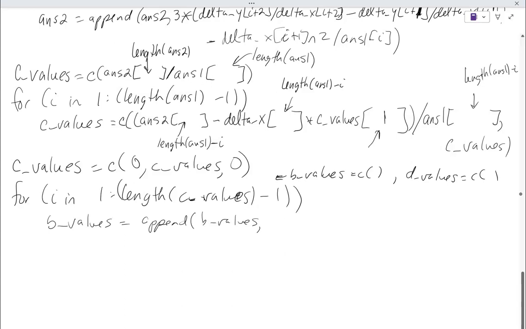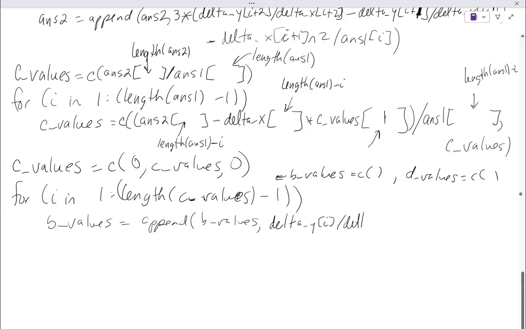What needs to go for B values in here? Okay.